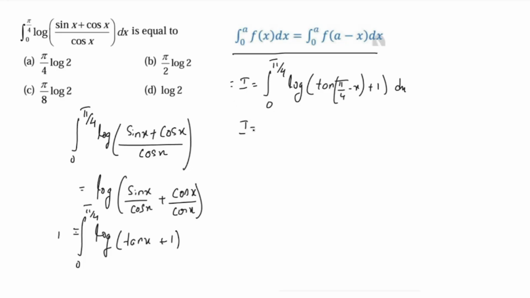We get I is equal to 0 to pi by 4. You all know tan of pi by 4 minus x is 1 minus tan x divided by 1 plus tan x, plus 1. Log is there here.